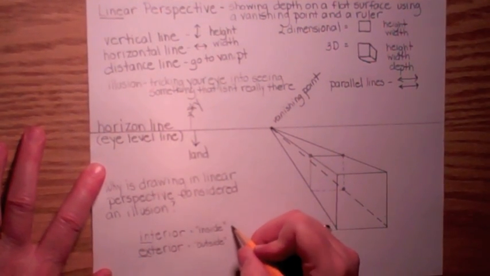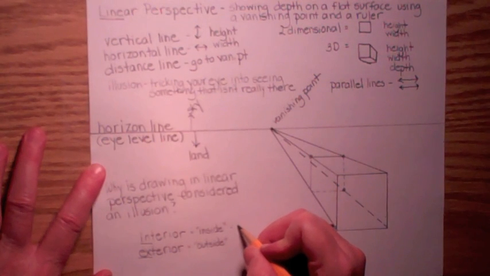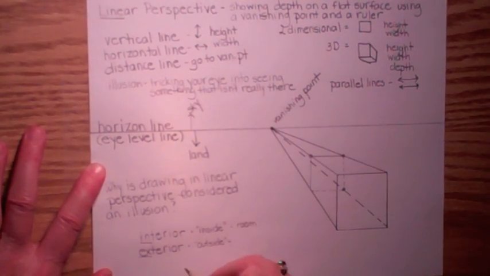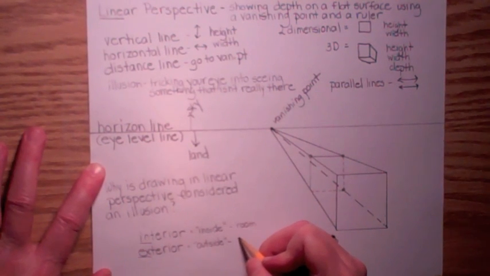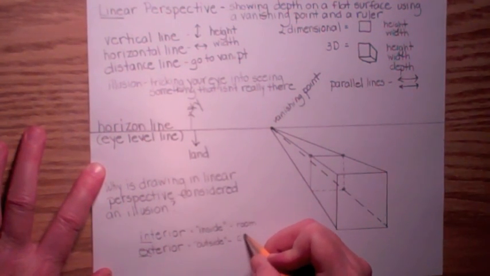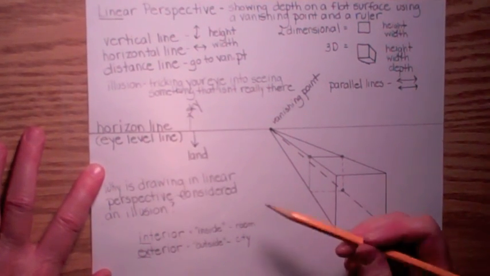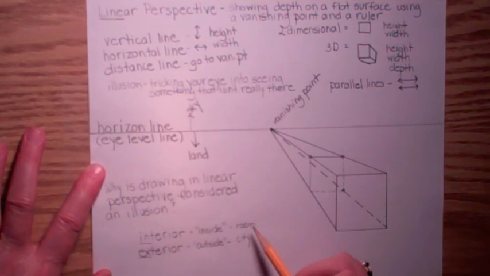Okay? And the interior that we're going to draw in 6th grade is the inside of a room. And the exterior that we're going to draw in 6th grade is we're going to design a city. So if I tell you that you need to draw an interior, that means it's inside. If I tell you to draw an exterior, that means it's something that's outside.